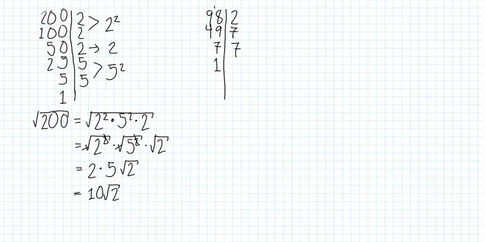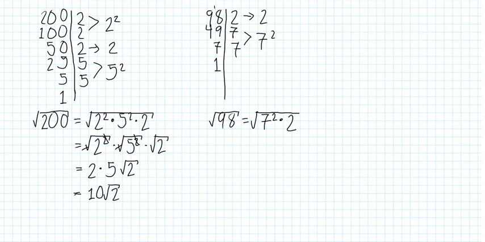As you see, we just have one couple of the same number, that is 7 squared, and also we copy the 2. So that means that the square root of 98 is equal to the square root of 7 squared times 2.